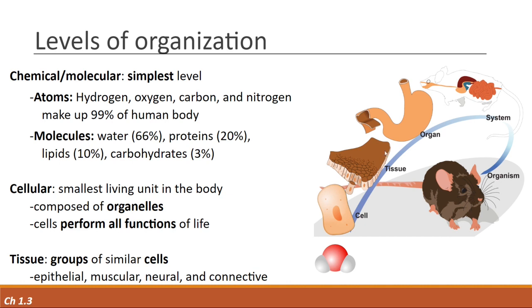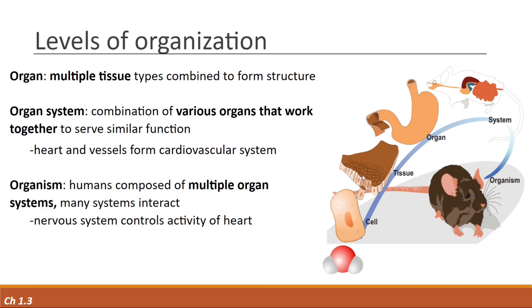If we put these tissues together, we can build organs, such as your digestive organs, like your stomach here, or your heart, your lungs, your liver. So organs are doing specific work in our body.